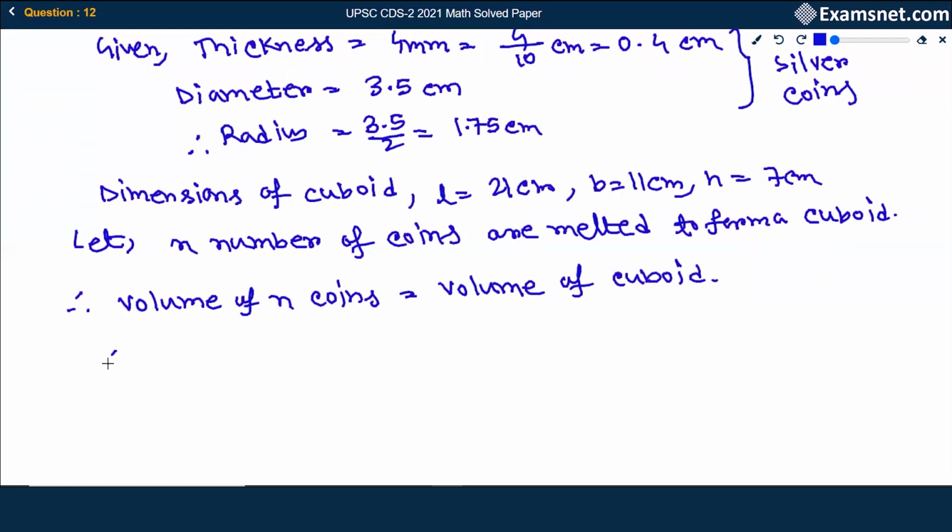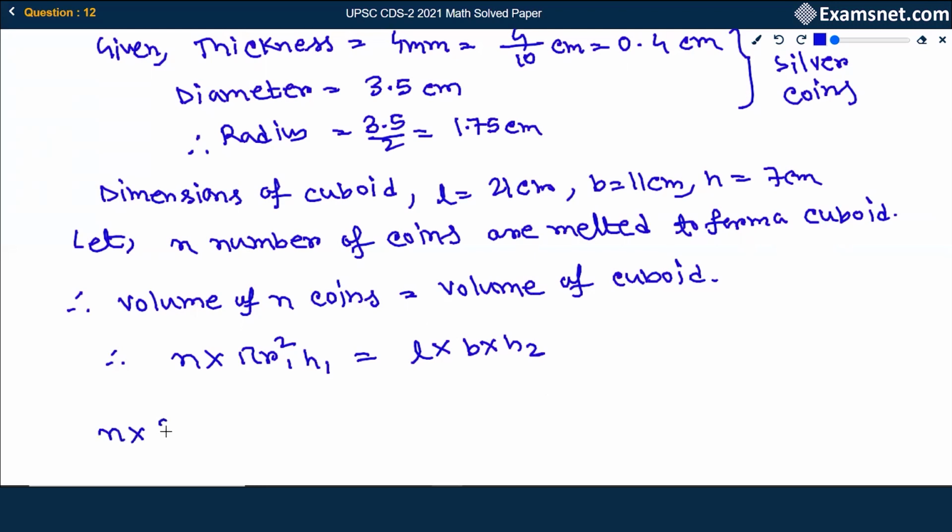So here n multiplied by, since silver coins are of cylindrical shape, we know the formula for the volume of a cylinder, that is pi r square h. Let's say pi r1 square h1. And the volume of a cuboid is L B h2. Now put all the values here.